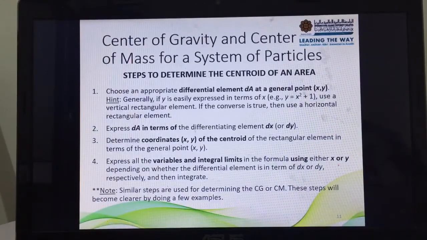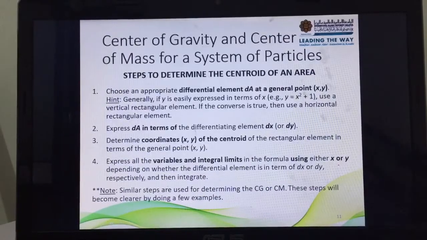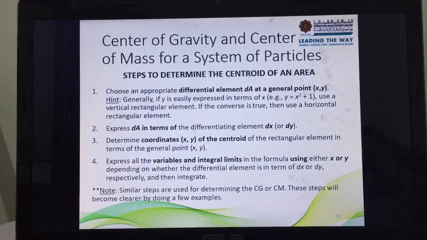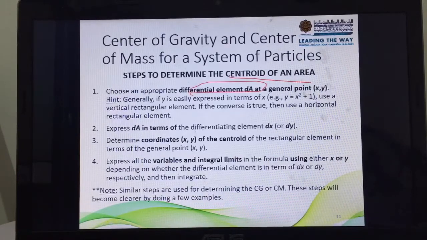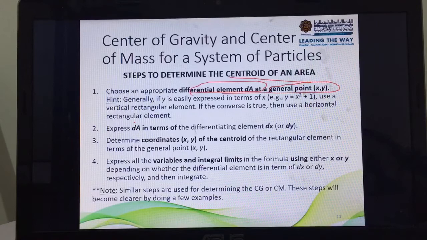Okay, steps to determine the centroid of an area. Choose the differential element dA at the general point x, y. After you have chosen the differential element dA, you have to express this in terms of dx or dy, right?